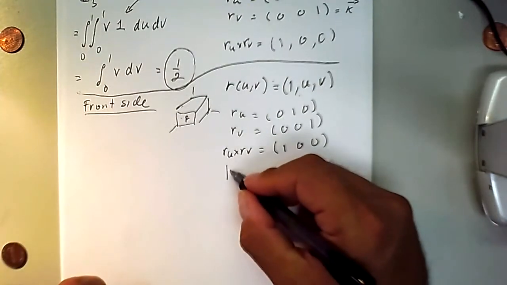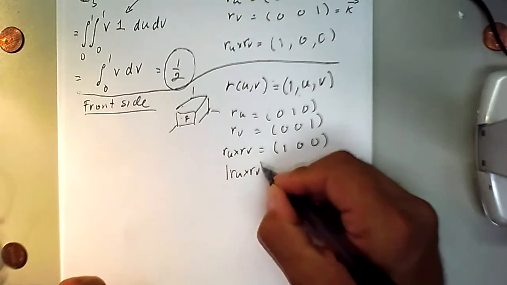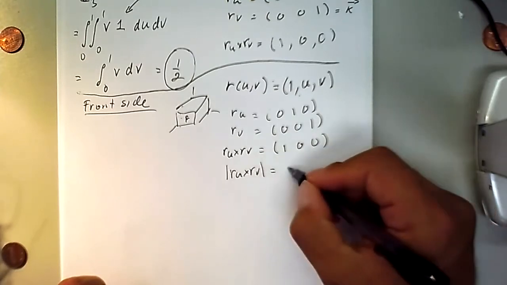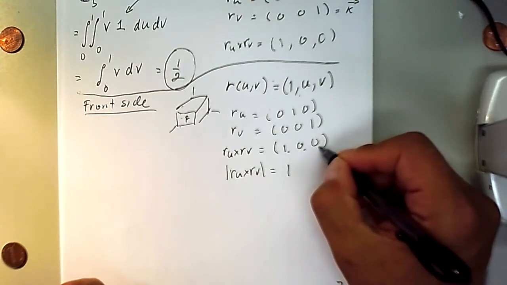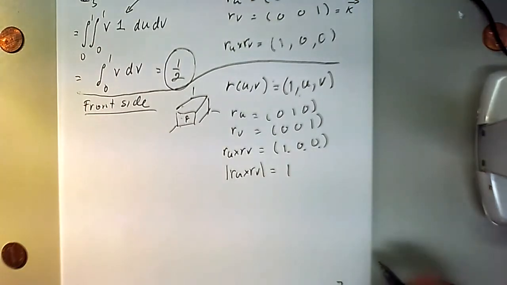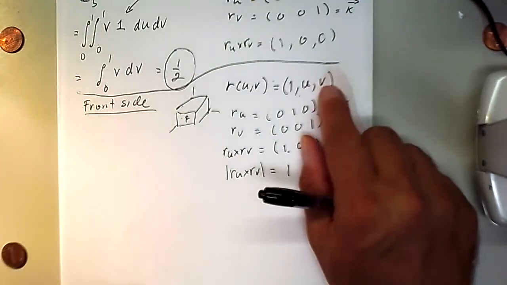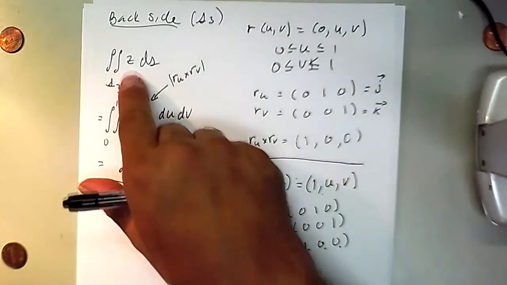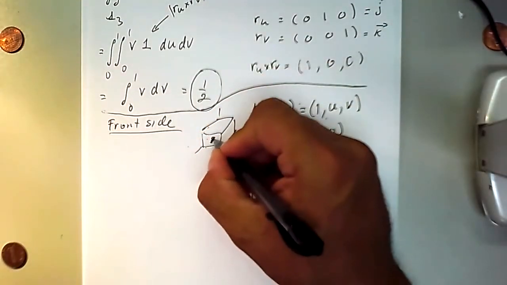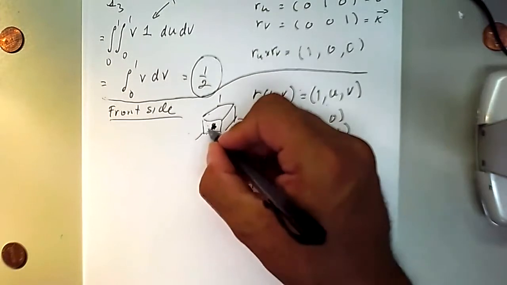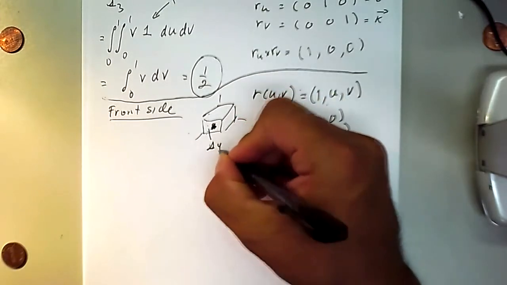and the magnitude of R sub U cross R sub V is gonna be 1. 1 squared plus 0 squared plus 0 squared is 1, and then we take the square root of that, so that's 1. And then still Z is gonna be V, and remember, we're integrating Z. Let's label this as, actually not f. I put f for front, but let's call it S sub 4.